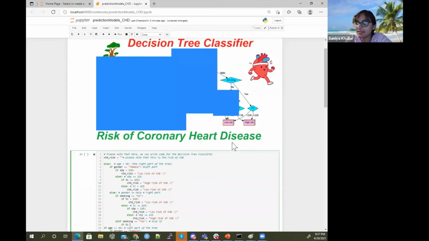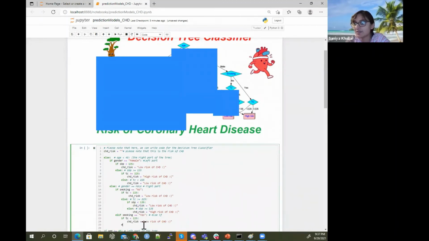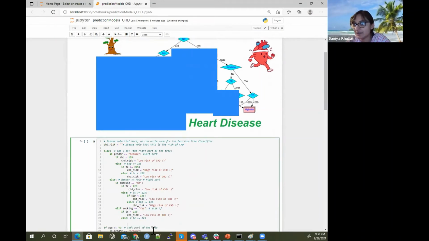If TC is less than 225, somehow if you got your cholesterol on track, then CHD risk is also low. So smoking, yes, but total cholesterol, it's like you don't have any other chances. It's straight to the cholesterol. Else, this means that TC is greater than or equal to 225. And automatically, even at a young age of less than 45, you have a high risk of CHD.